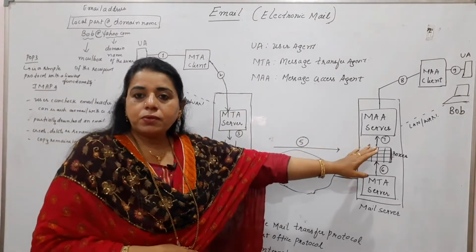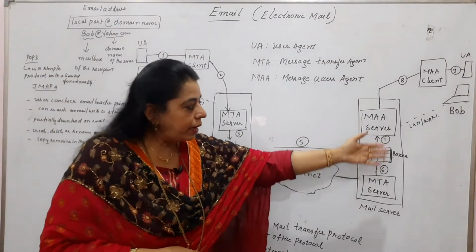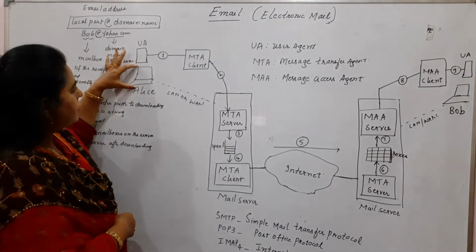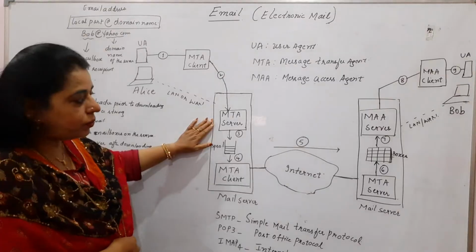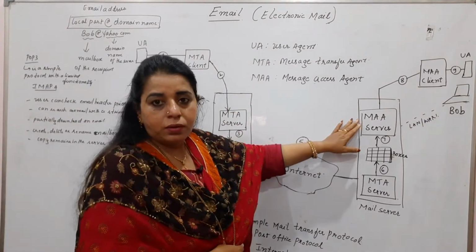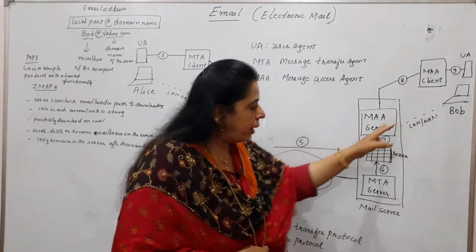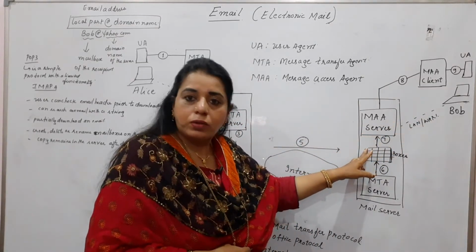And if Bob is using a Yahoo account, then he is connected to the Yahoo server. So this is the client and the server related to this particular domain, and this is the recipient Bob and the server related to that domain.